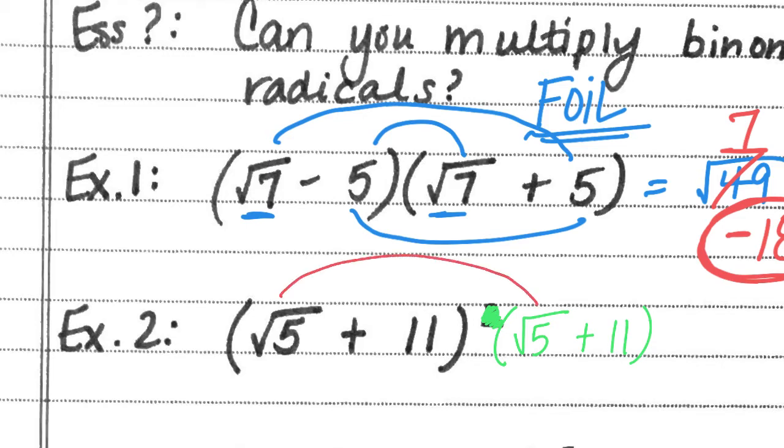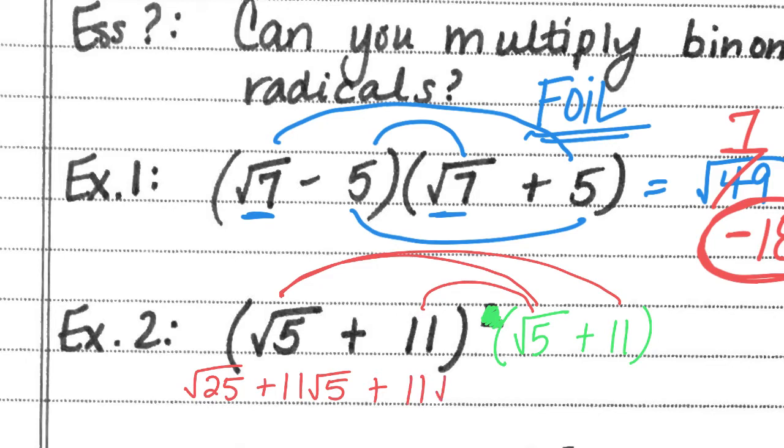First terms, root 5 times root 5 is root 25. Outer terms, 11 and root 5 is 11 root 5. Inner terms, 11 and root 5 is another 11 root 5. And 11 times 11 is 121, because your mean math teacher made you memorize that.